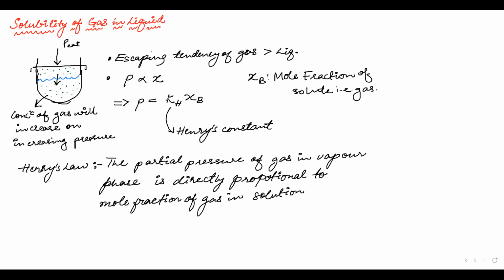Now, the next thing is this Kh, that is Henry's constant. It depends on the nature of gas. For example, if I take nitrogen and oxygen, these two will have different Henry's constants.